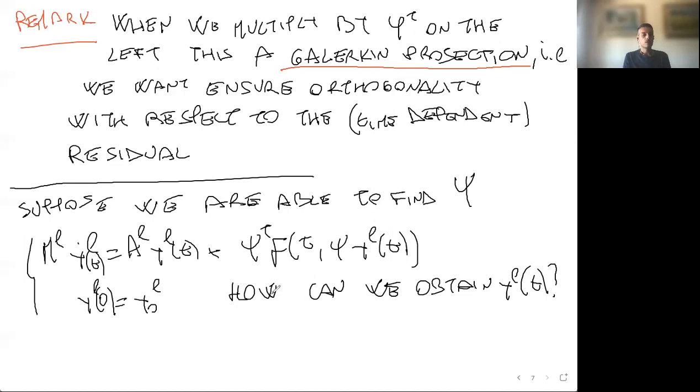The structure of this problem is exactly the same as the high dimensional problem. The only difference is due to the fact that we have a low dimensional problem. So we can use an implicit scheme to approximate this problem.